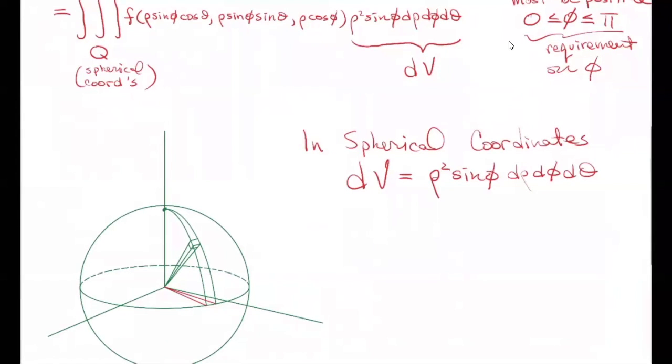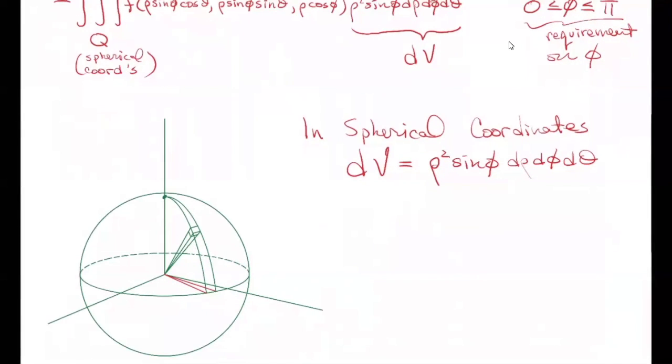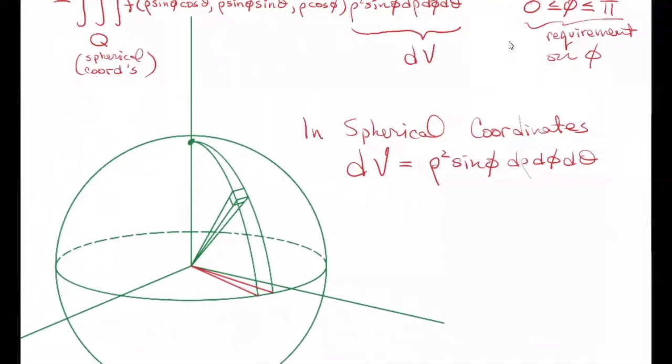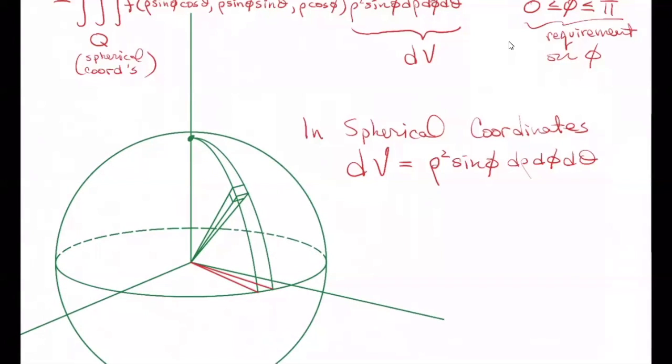And this is where my little picture is going to come into play. I don't know how in the world I'm going to get all this in. I'm going to have to make it larger, I think. Just a quick glance at a picture that I drew and that I knew I wouldn't have time to do, but this is just to enhance your understanding. Down here in the XY plane, I've got this red distance to the origin.